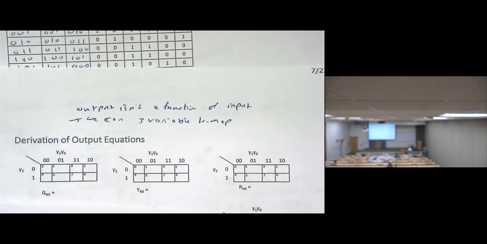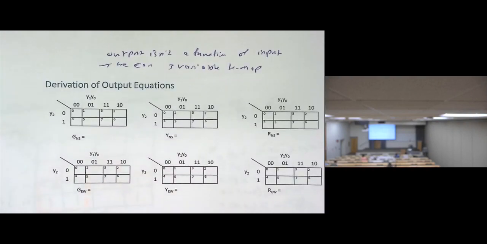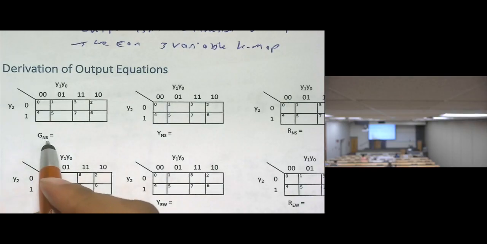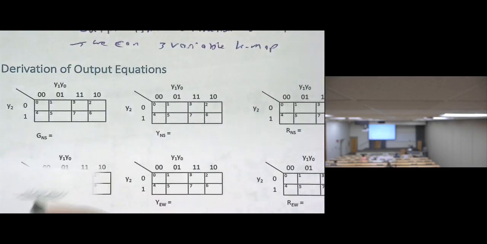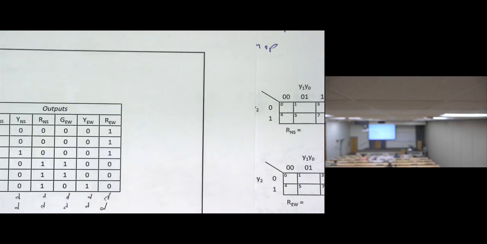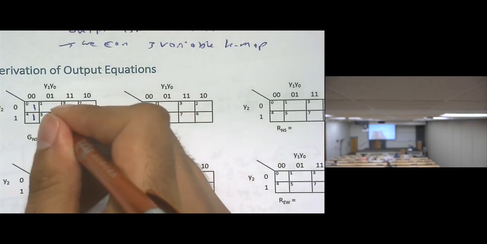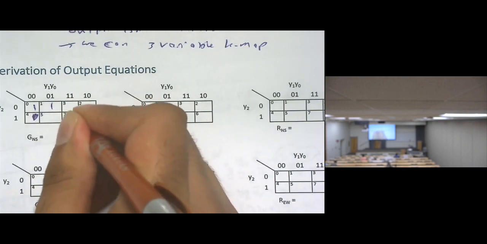How can we make the flip-flops? Or to make the Karnaugh maps, let's try to make a Karnaugh map for each one. For green north-south, it's at M0. Let's look at this table and put it here. It's for M0 and M1. Then I don't care at 6 and 7. 6 and 7 are don't cares.